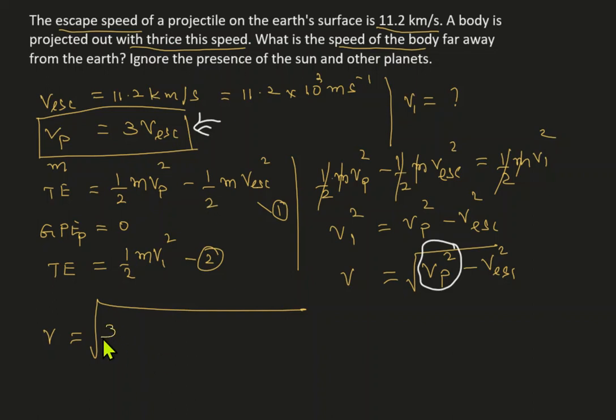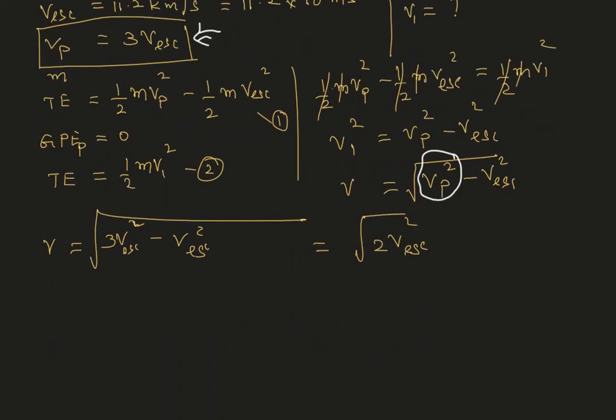Therefore 3v escape squared minus v escape velocity squared. So that is equal to 2v escape velocity squared, square root 2. Okay, and it is thrice, is it not?